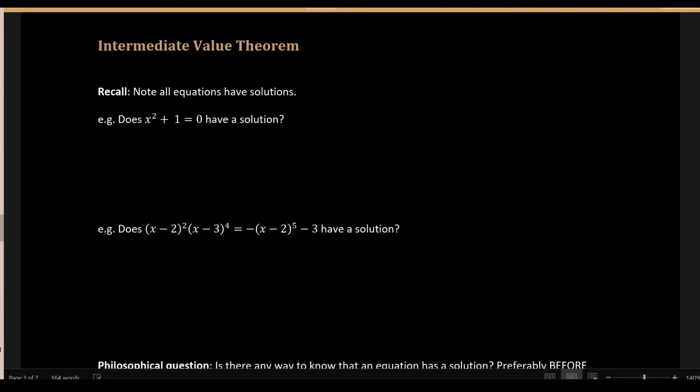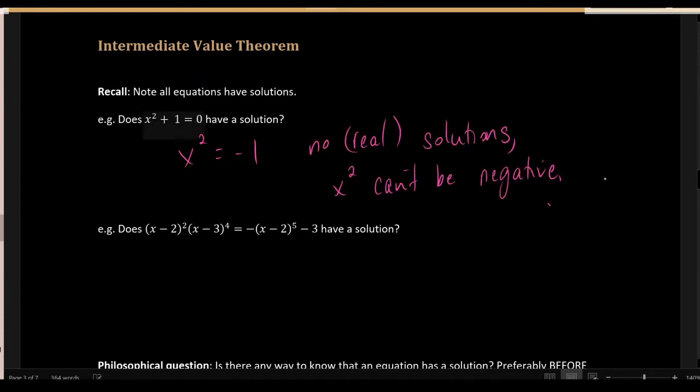But we've encountered plenty of equations where you try and solve them, but it turns out that they don't have any solutions at all. A simple example of an equation with no solutions would be something like x squared plus 1 equals 0. This equation has no solutions because it's not possible to square a real number and get a negative result. Now that was, relatively speaking, obvious.